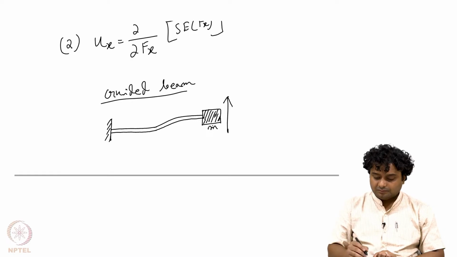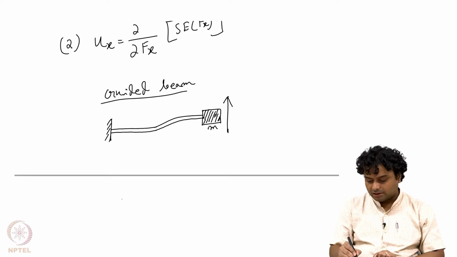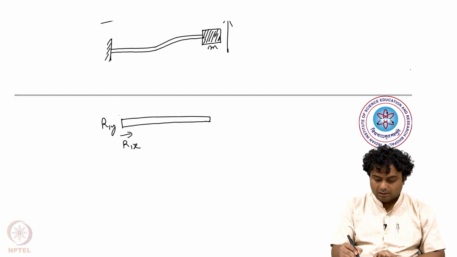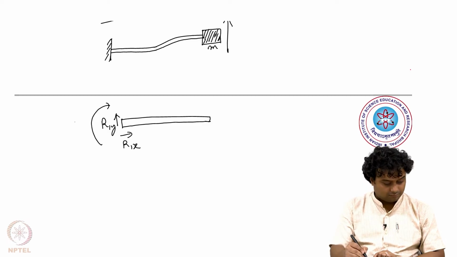Now for that, if we draw the free body diagram, the constraints are like this, right? The left side is fixed, so there will be reaction forces R1x, R1y, and the moment M1.